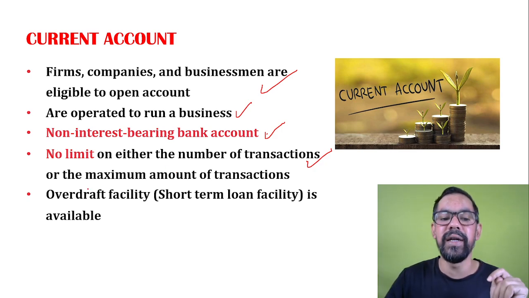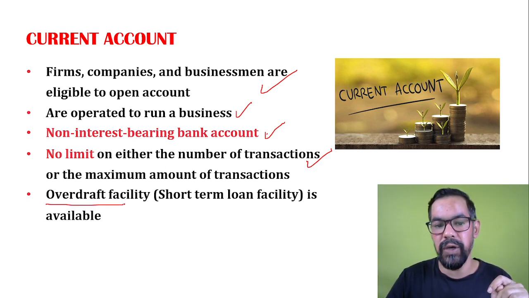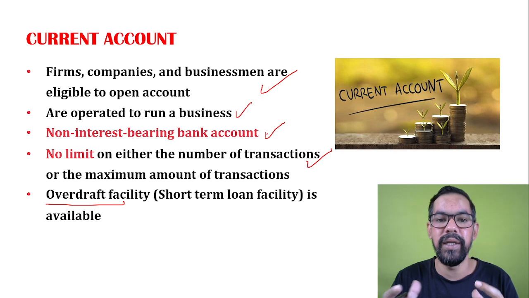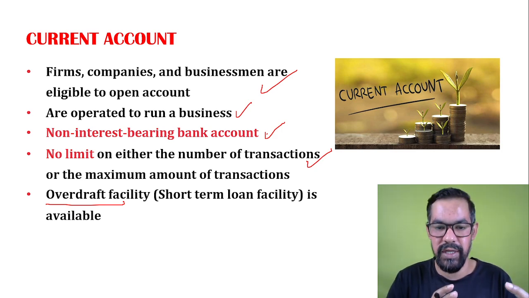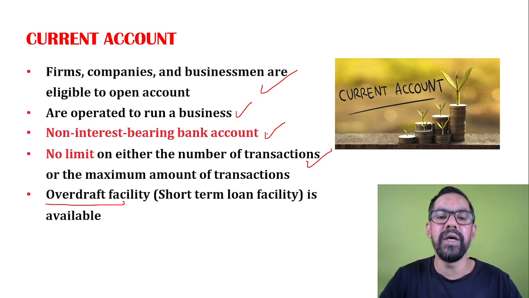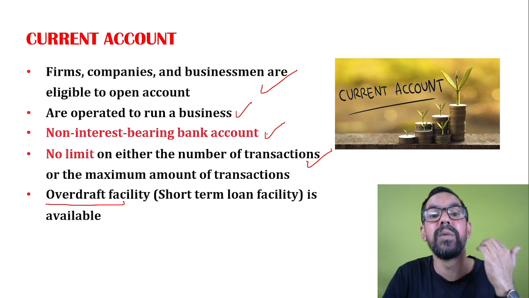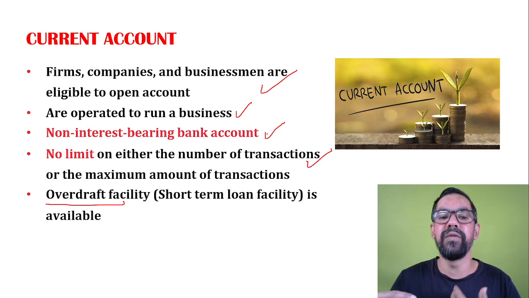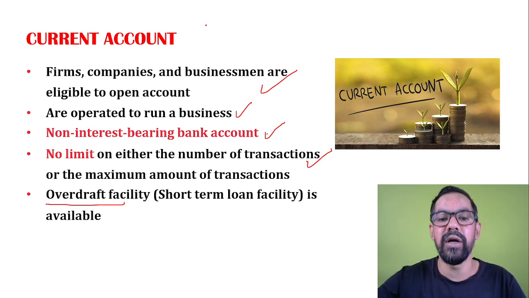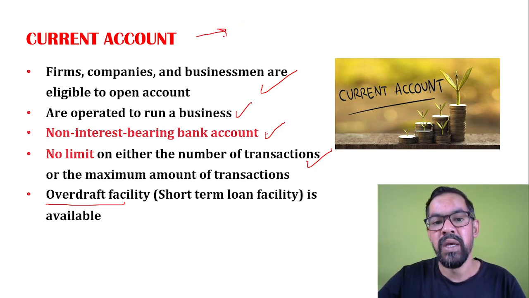And another facility is the overdraft facility. These accounts also provide the OD facility. Now what is overdraft? It is part of advances, a short term loan you can say. Let's say you are running some organization and you have a current account with some XYZ bank, and in that you have 10 crore rupees.